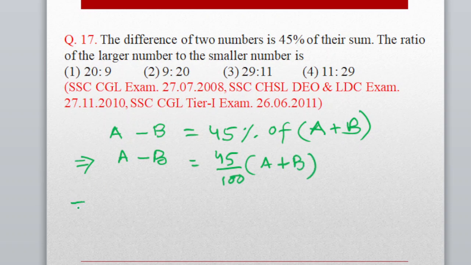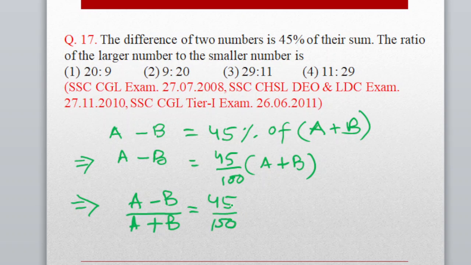Now this implies A minus B by A plus B is equal to 45 by 100. Now 5 nines are 45, and when 100 is divided by 5 it becomes 20.